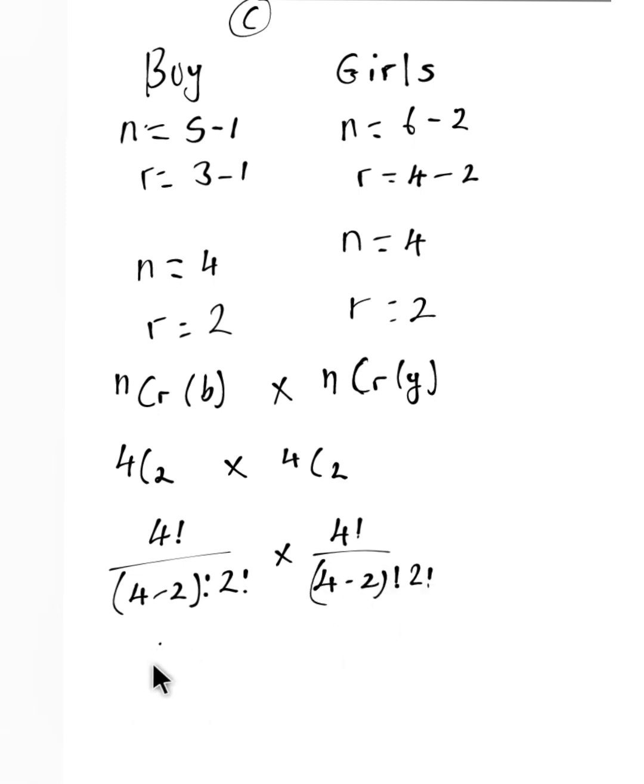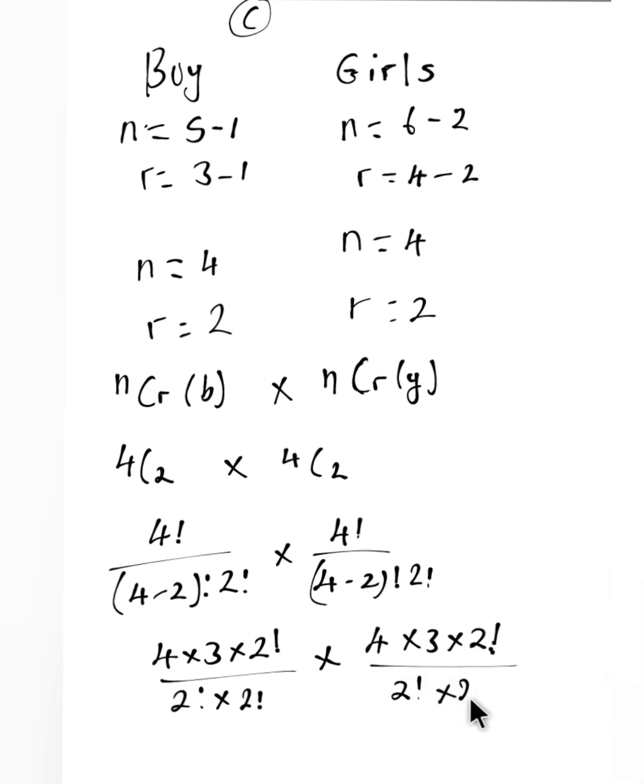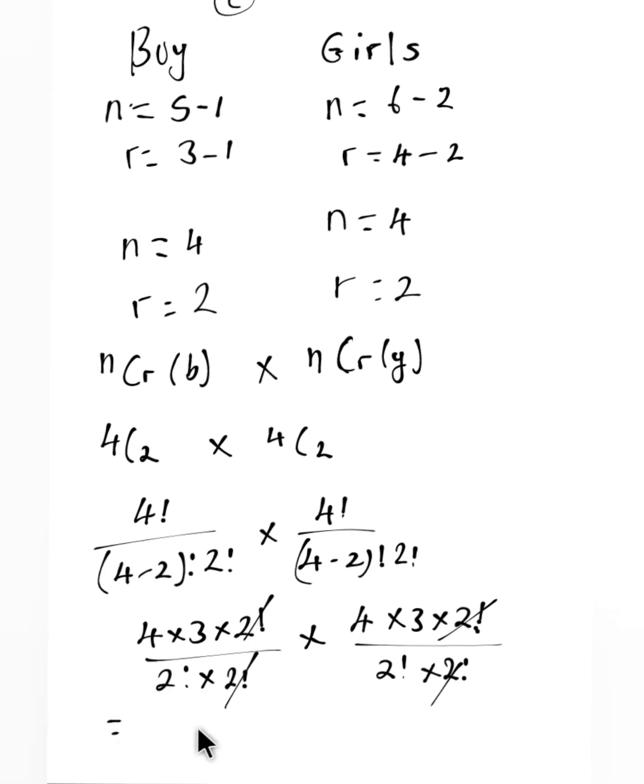It becomes 4 times 3 times 2 factorial all over 2 factorial times 2 factorial, times 4 times 3 times 2 factorial all over 2 factorial times 2 factorial. 2 factorial cancels 2 factorial, 2 factorial cancels 2 factorial. We'll be left with 4 times 3 over 2 times 4 times 3 over 2.